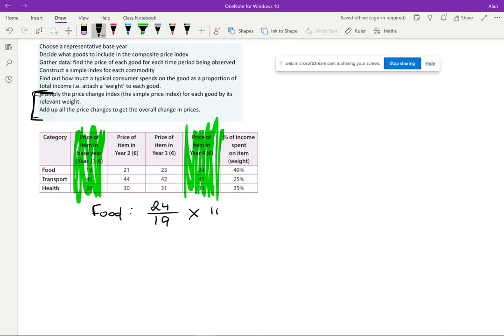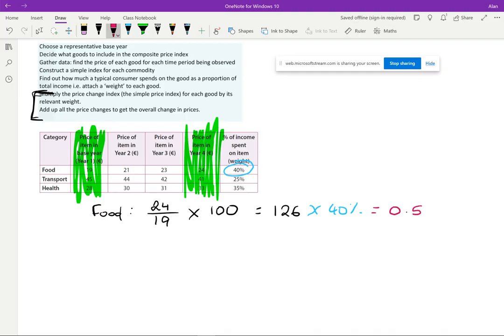Multiply that by 100. So 24 divided by 19, isn't that right? Which is 1.26 or 126. And I'm going to go straight into multiplying that by the weight. The weight here is 40%, so I'm going to multiply that by 0.4, just so I have it straight away.